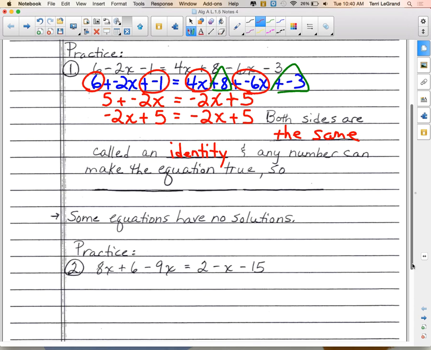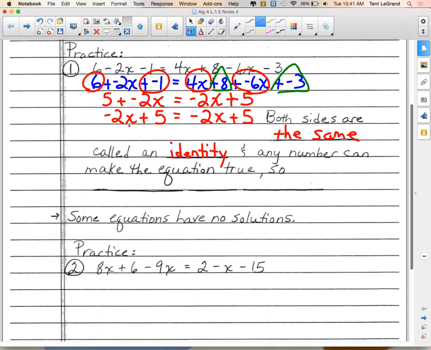And any number could actually make that equation true. Let's just try some. Let's just see if it works. Give me a number for x. Pick a number from the number line. 6, okay? So if we put 6 in there, we would take it times negative 2. What would that be? Negative 12.